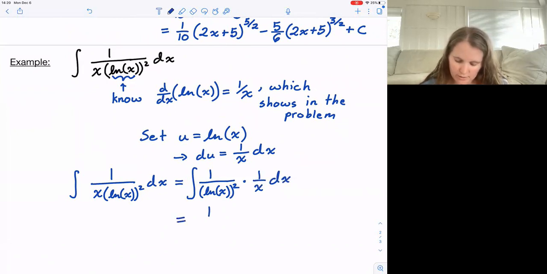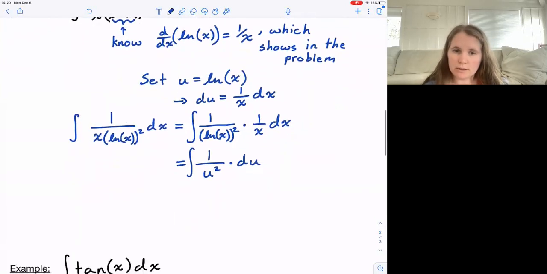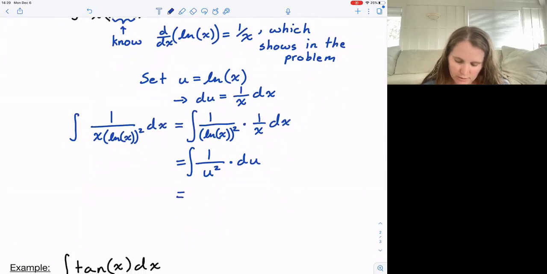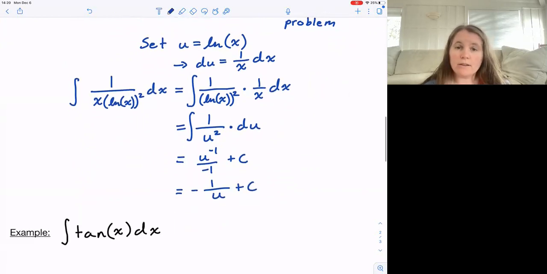Then plugging in our u, this is the integral of 1/u squared times du. Then we can go ahead and do our integral. So this is u to the -2, which goes to u to the -1 divided by -1, and then plus c, or -1/u plus c. And u was natural log of x, so this is -1 over the natural log of x plus c.